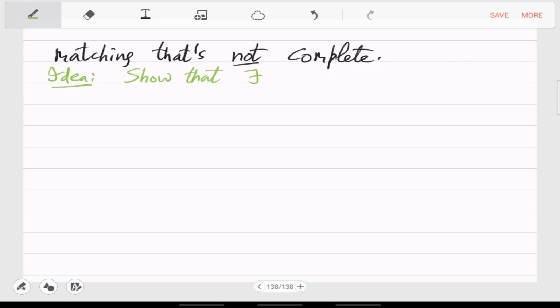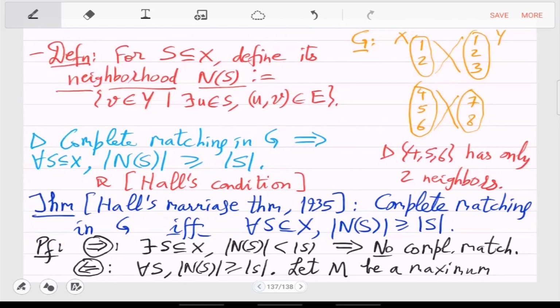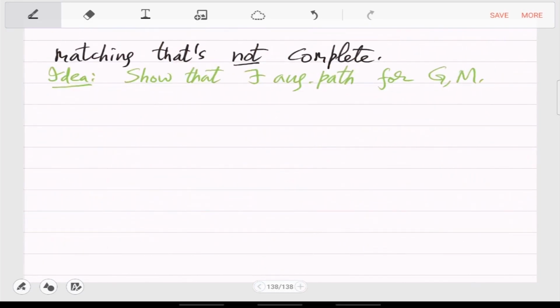Show that there exists an augmenting path for this graph and for this matching G comma M. Okay, so this will also require a new trick. It's best described in a picture.